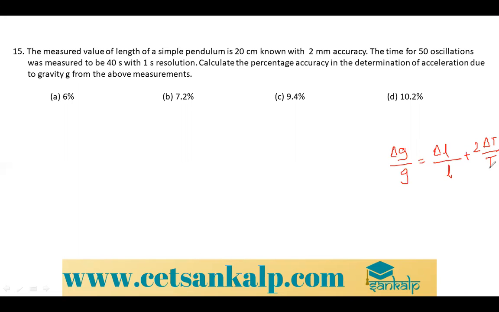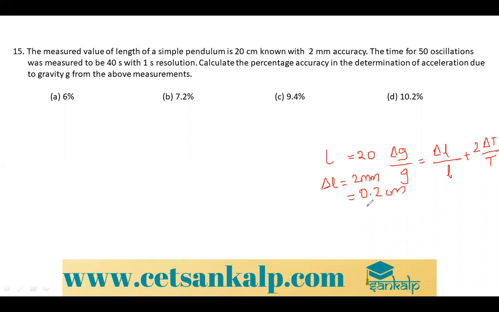You have already done this formula. Now look at the data. What is the L they have given? 20 centimeter. Delta L they have given as 2 mm, but you have to convert that into centimeter, which is 0.2 centimeter.